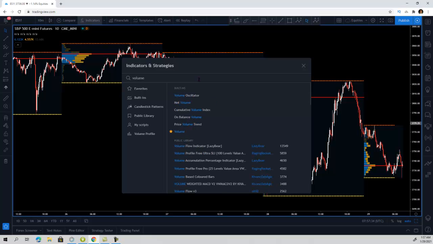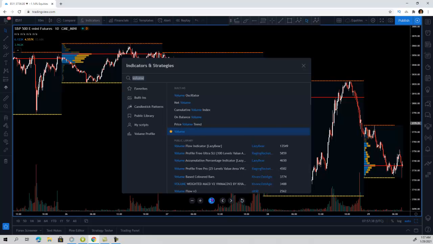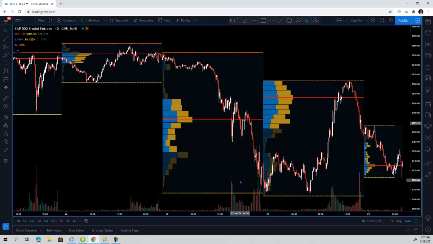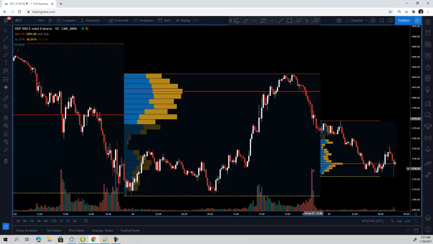It's the indicator below your charts, this one right here. This indicator gives you the volume traded in this 10-minute candle. Now, this is a good indicator, but the thing about it is that it gives you the volume traded in one single candle.